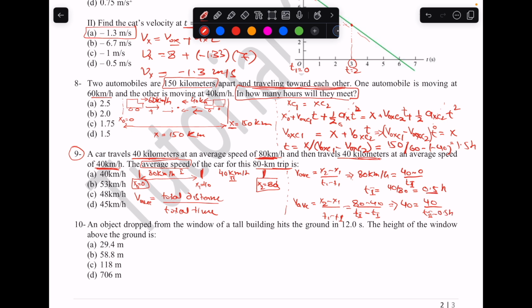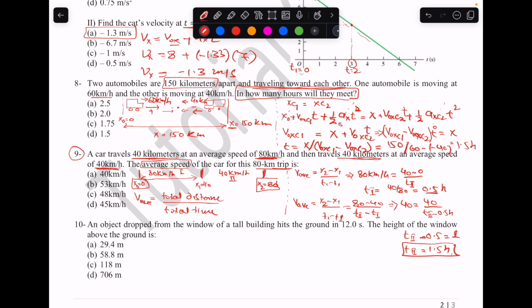So 40 equals 40 divided by t2 minus 0.5, the 40s cancel out, it will be 1. So we get t2, which is 1.5 hours.